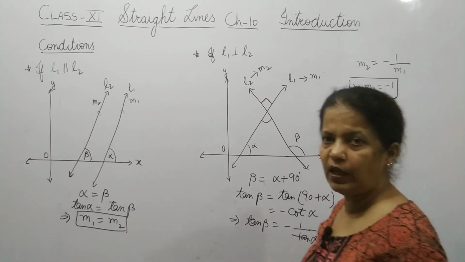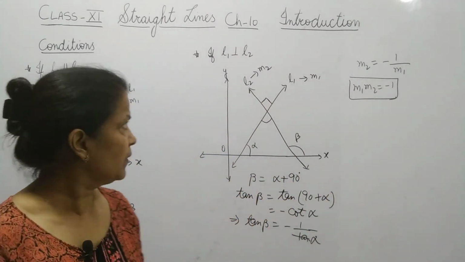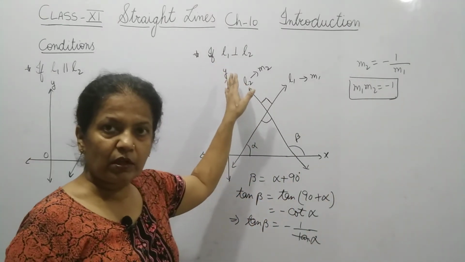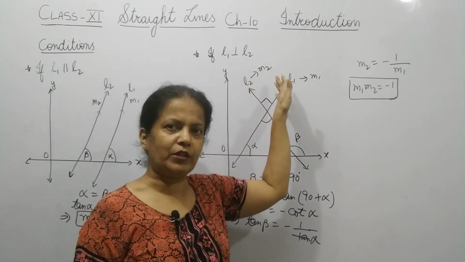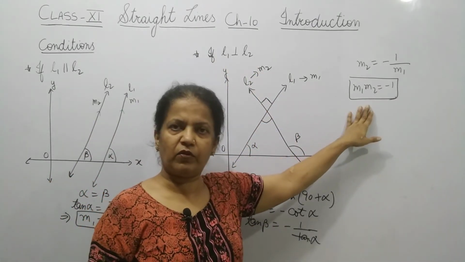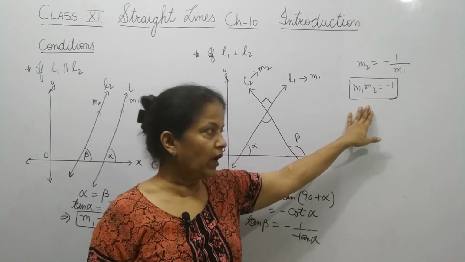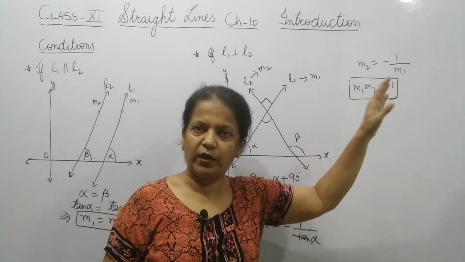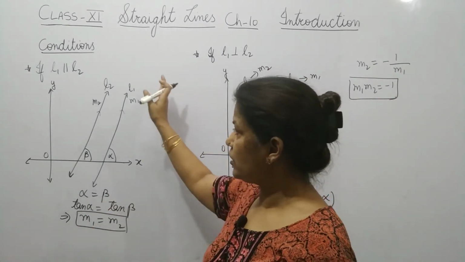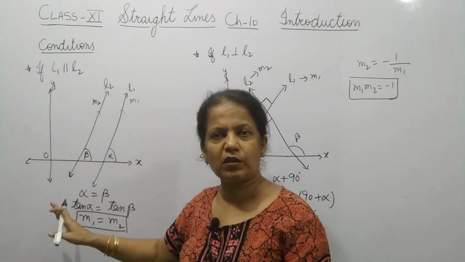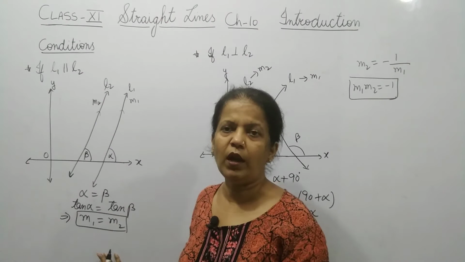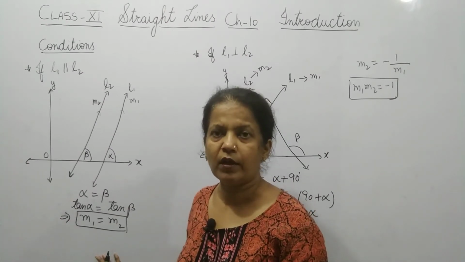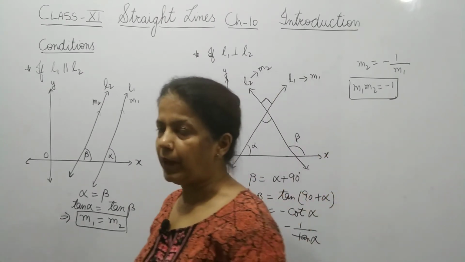So this is the other condition of two slopes. If two lines are perpendicular to each other, then the condition of two slopes is m1 m2 equal minus 1. If two lines are parallel to each other, then the condition of two slopes is m1 equal m2. Okay, so this you have to remember.